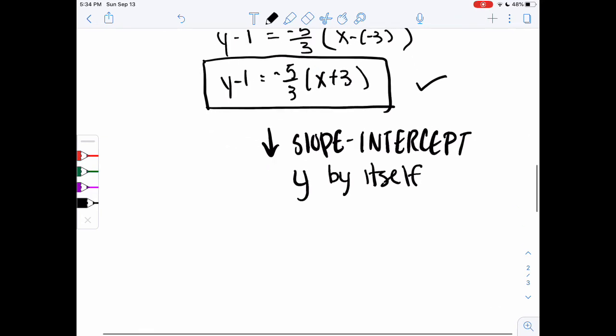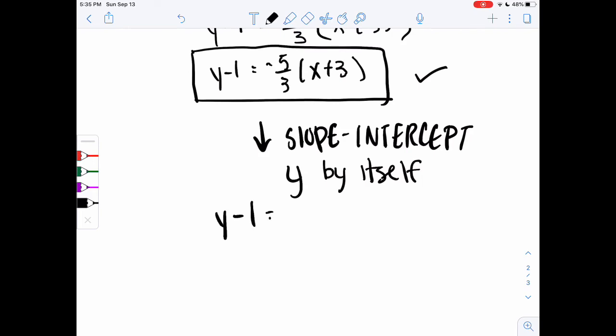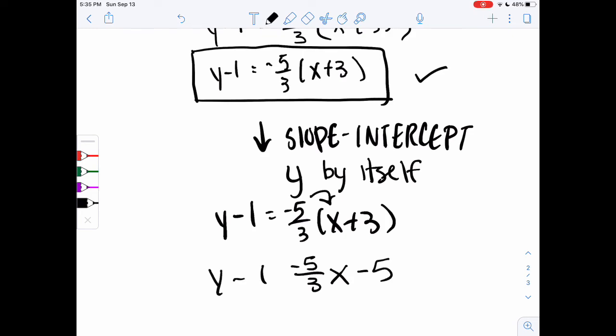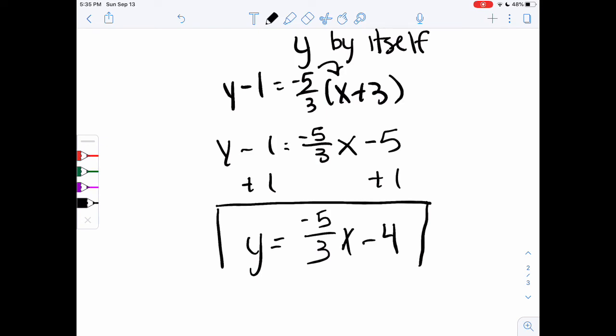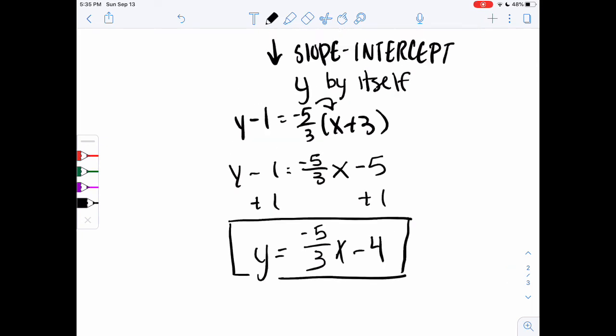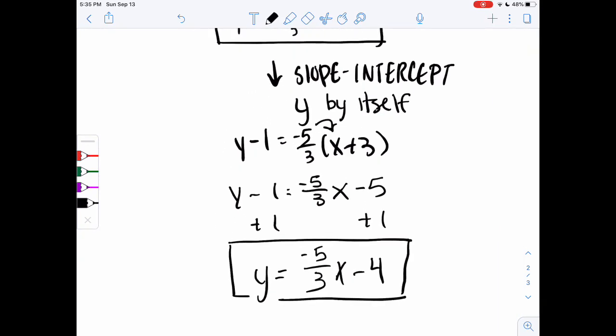So I'm going to take my equation, distribute, and then get y by itself by using my opposite operations. Now I was able to write an equation of that exact same line, but now in slope-intercept form.